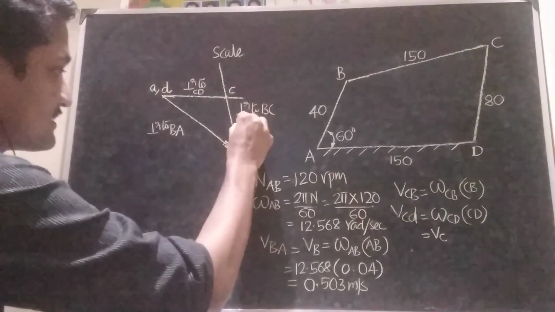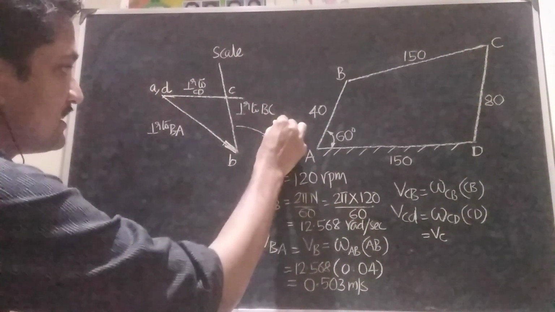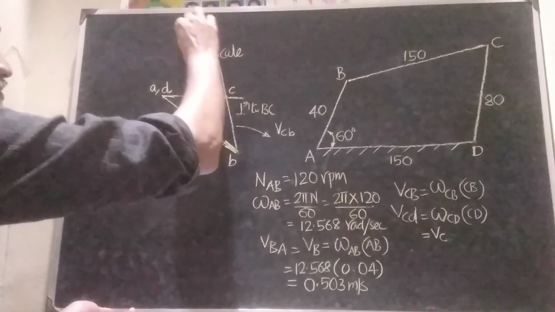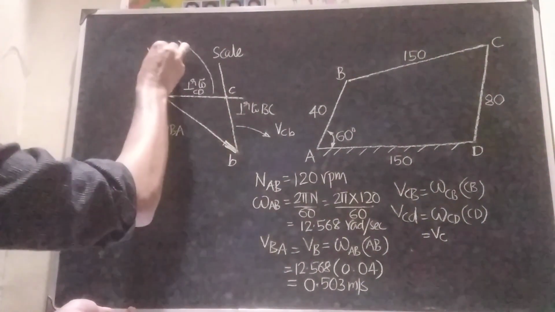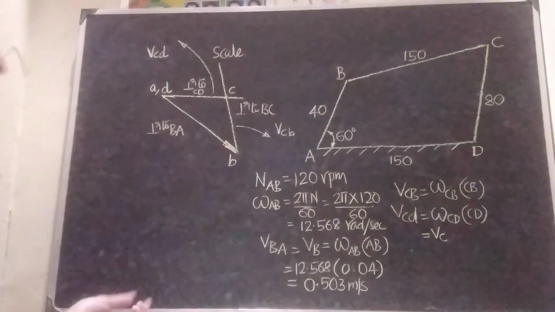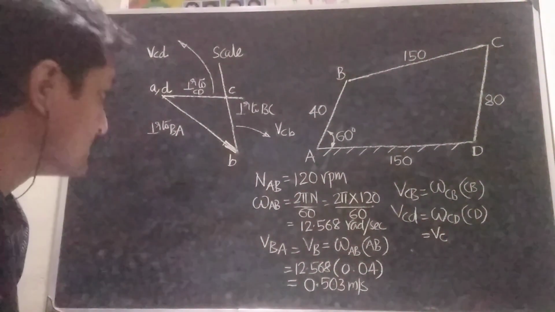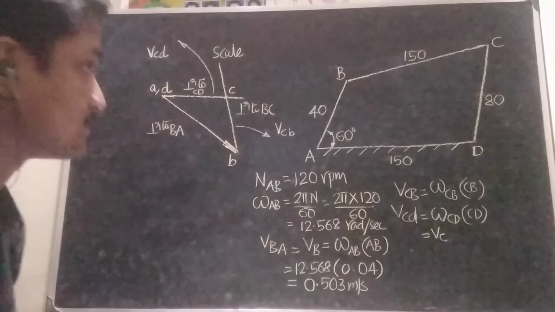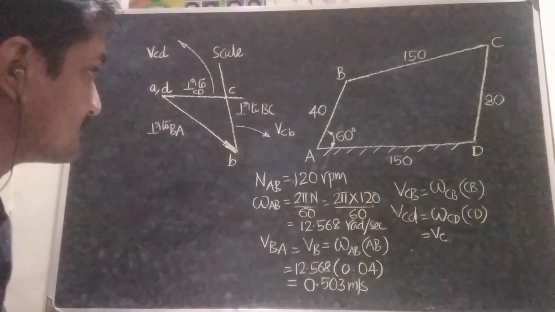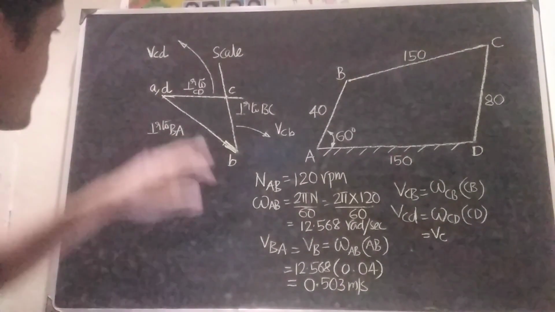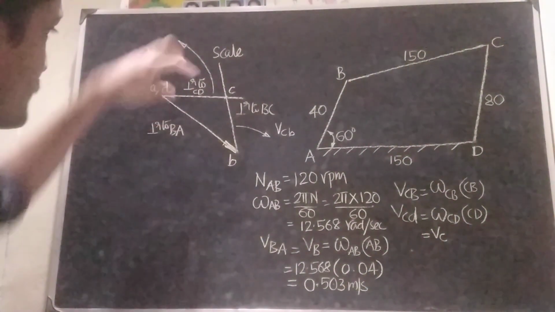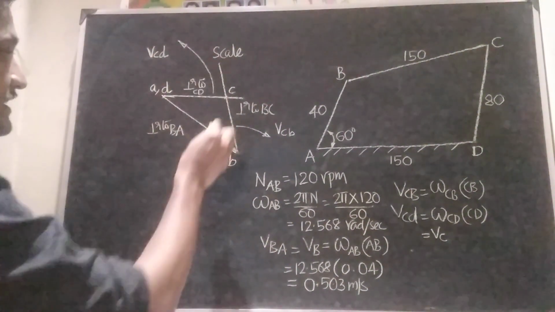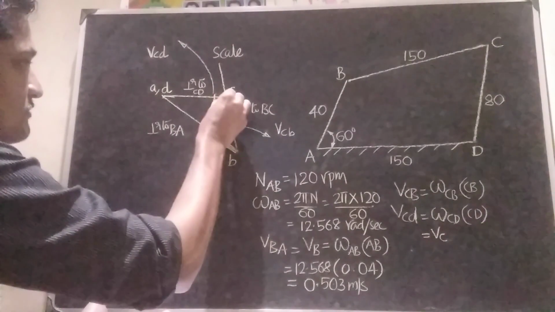Then this part is velocity of C with respect to B, and this length must be velocity of C with respect to D. Here we have to find the angular velocity of link CD, so we must find the velocity of C with respect to D. We can measure this length in the velocity diagram and mark the arrow tip here.